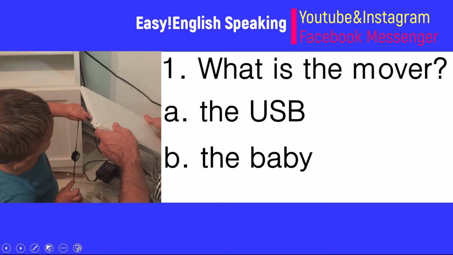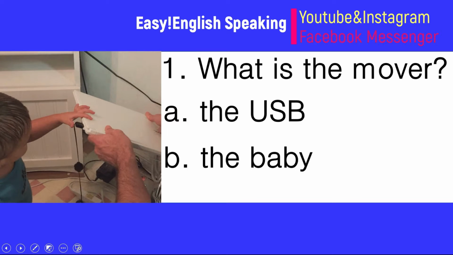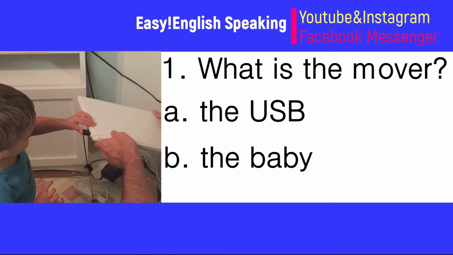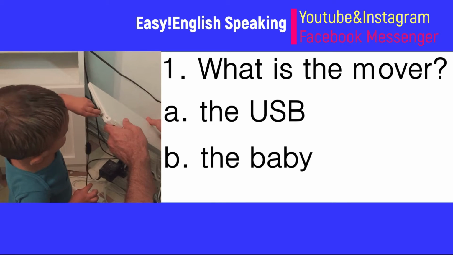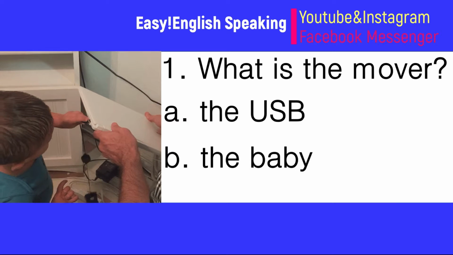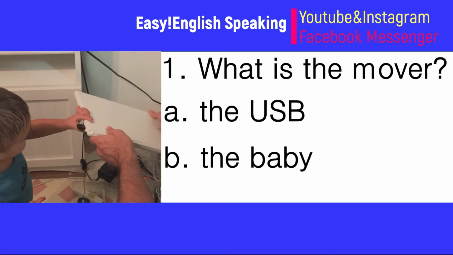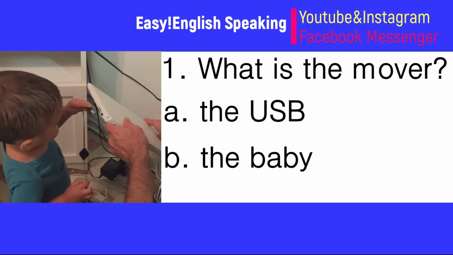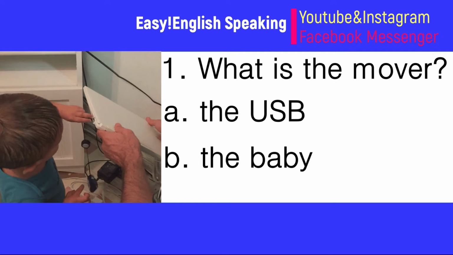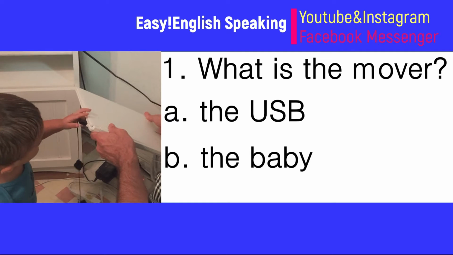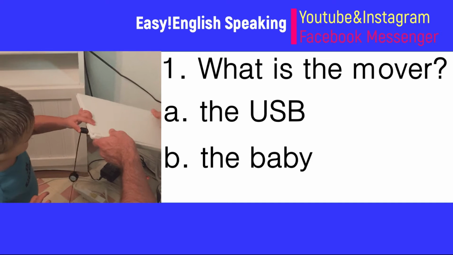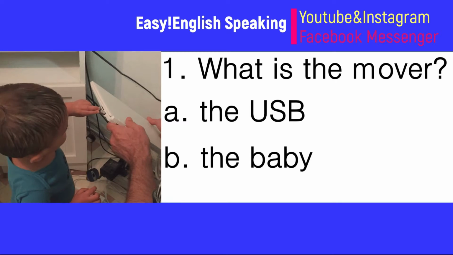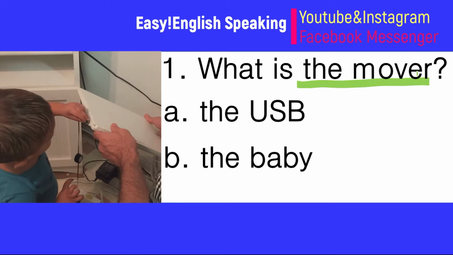In order to express this scene with one sentence English, let's think about this. Okay, this scene is about into, then how can we use the expression into? First, you have to think that this is the scene for the expression of into. Then, next, we have to think about the mover. What is moved in this picture?